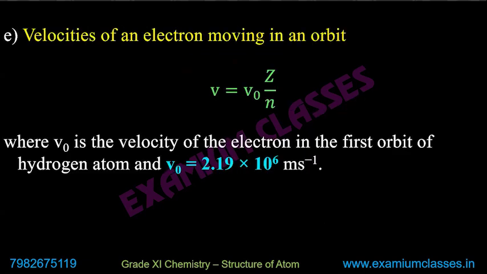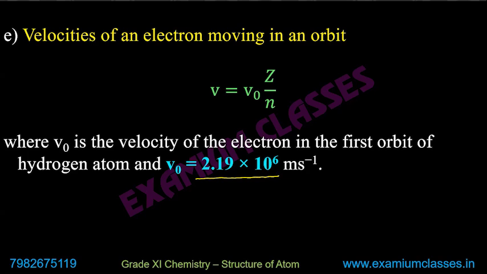You need to memorize these formulas. This is something related to your NEET and JEE. Velocity of an electron moving in an orbit is given by V equals V naught Z by n, where V naught is 2.19 into 10 power 6. Quite a few objective type questions have appeared in past years related to this formula.